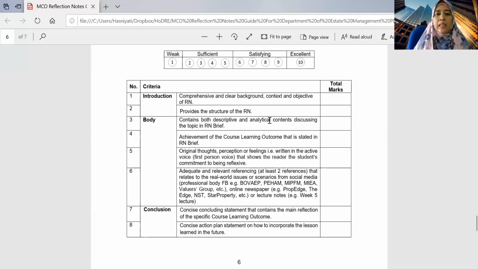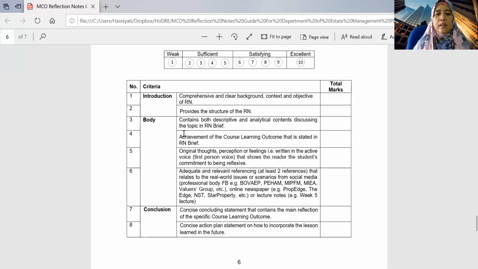There must also be evaluation and analysis, which combine to become analytical content. It is at a deeper level than merely describing the topic. You will say whether it's positive or negative, and why.